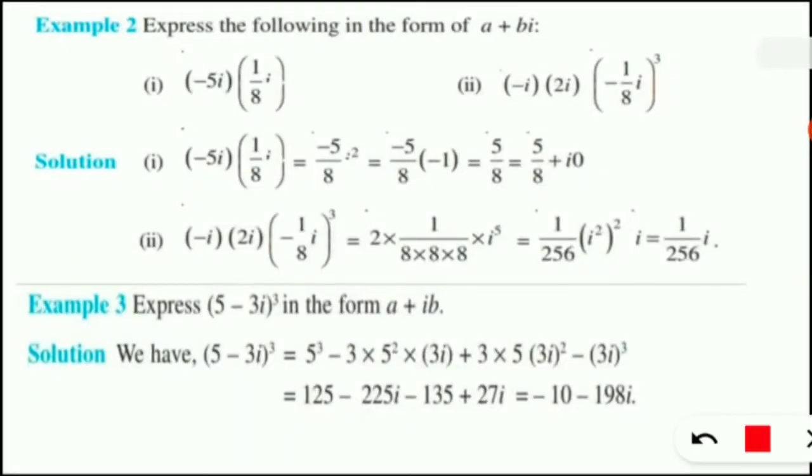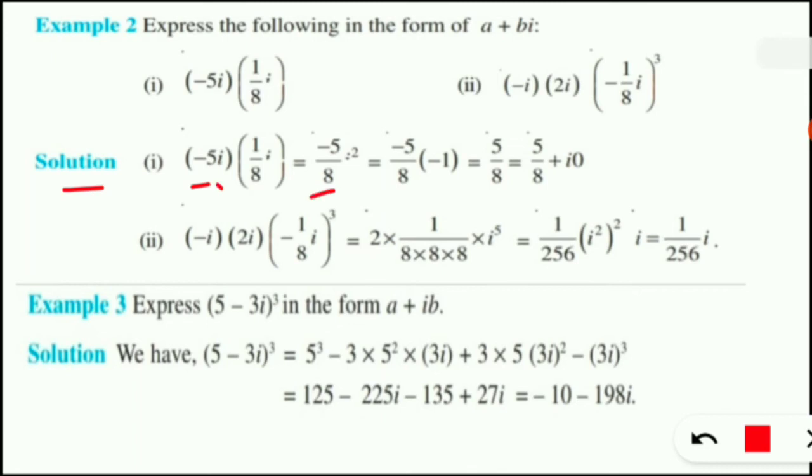now example 2. Express the following in the form of a plus ib. First one is minus 5i into 1 by 8 into i. Now solution. So minus 5i into 1 by 8 into i equals, here is minus 5, here is 1 by 8, so minus 5 by 8.